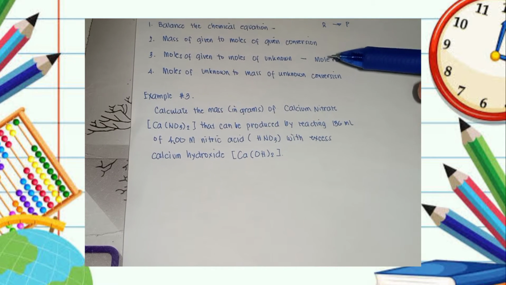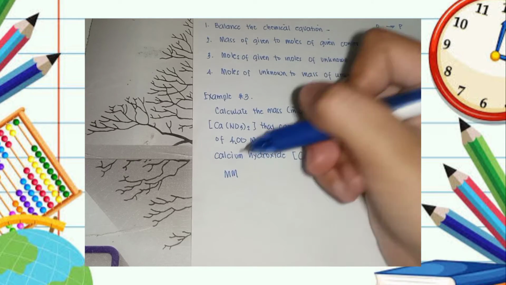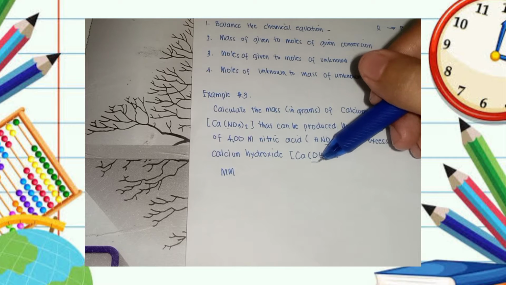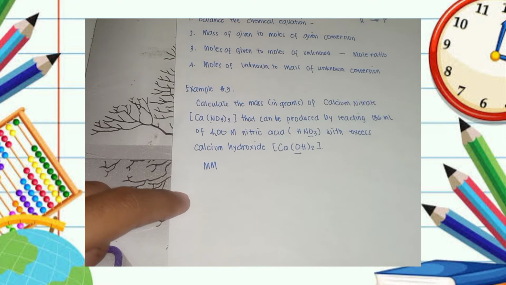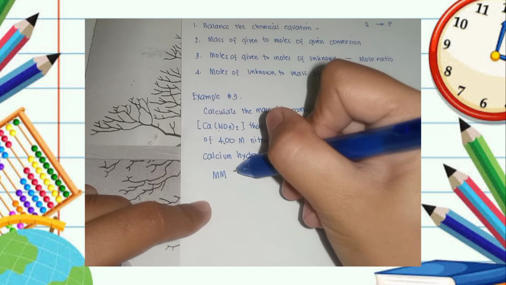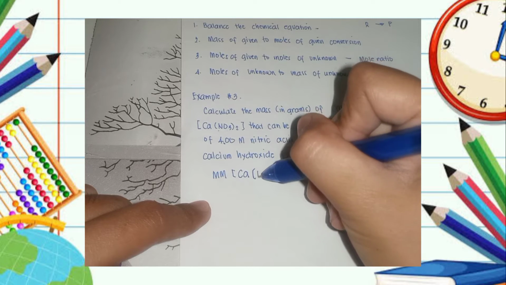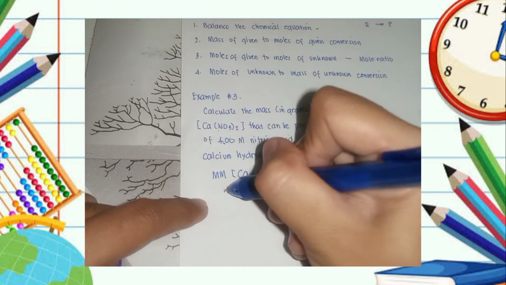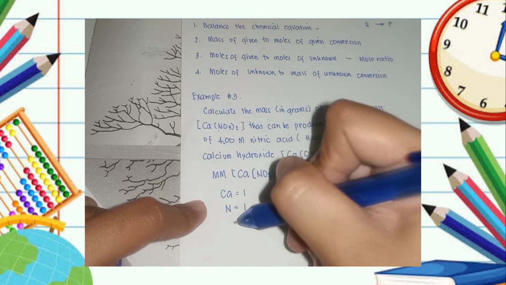First, we need to get the molar mass of the following chemical formulas. Let us start with the molar mass of calcium nitrate. Calcium nitrate is Ca(NO3)2. Calcium, we have 1.